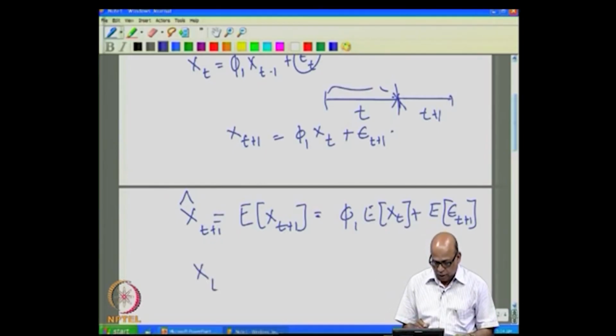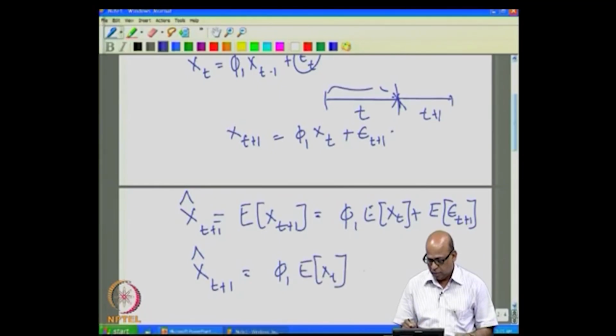The epsilon t, remember, is a sequence which has a mean of 0. So, when you take the expected value of epsilon t plus 1, that is 0 here. So, this is simply phi 1 expected value of x t.